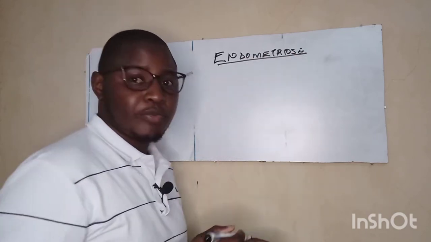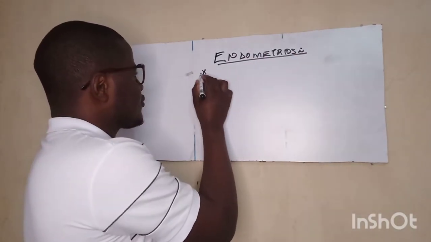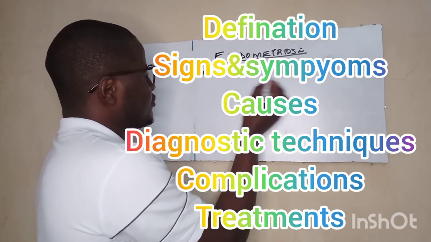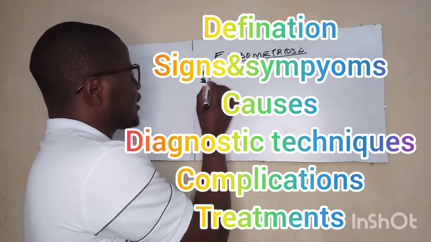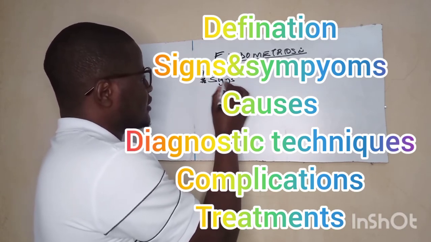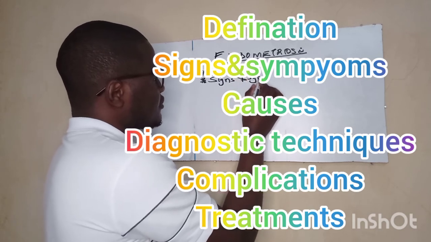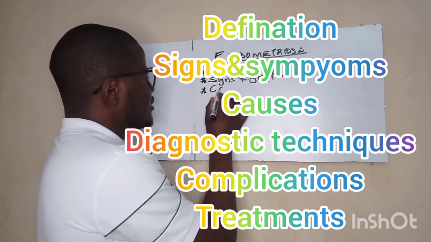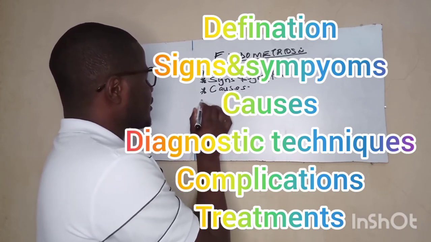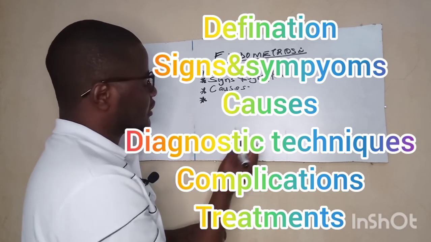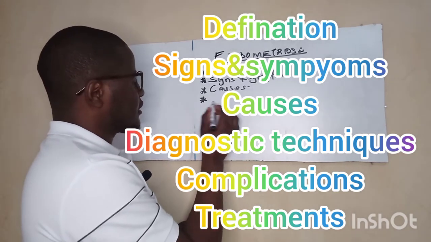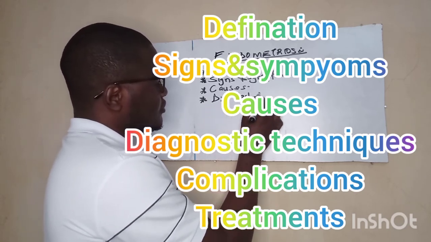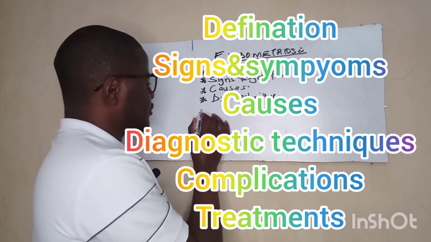In this topic, first of all, as usual, I will give the definition of endometriosis, on what we mean by endometriosis. I will talk about the signs and symptoms of endometriosis. I will talk about the causes. Still, I will talk about the diagnosis technique, or the ways that you can use to diagnose that you have endometriosis.